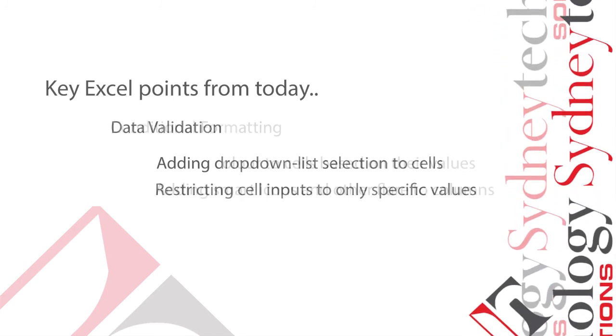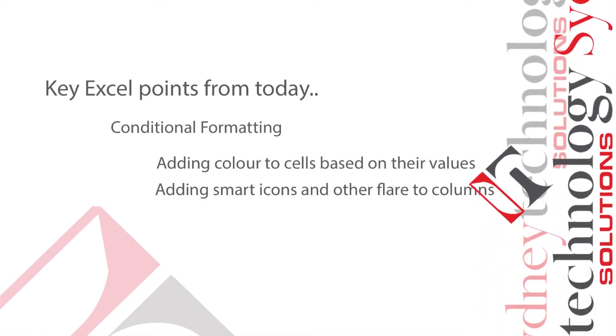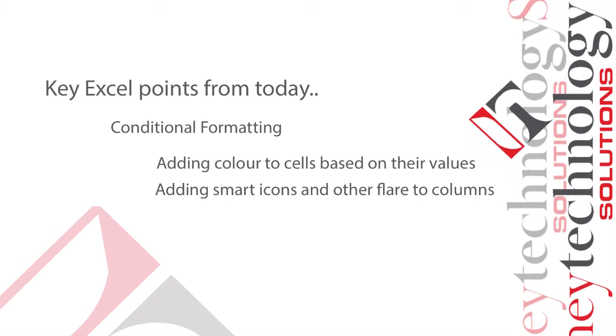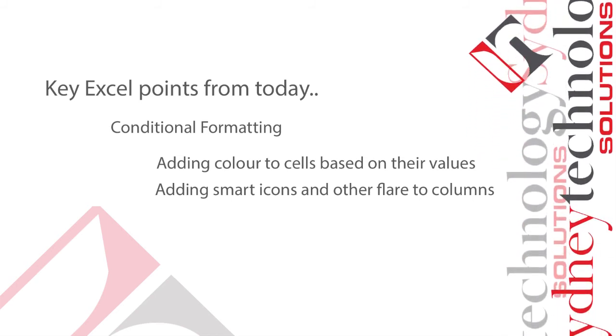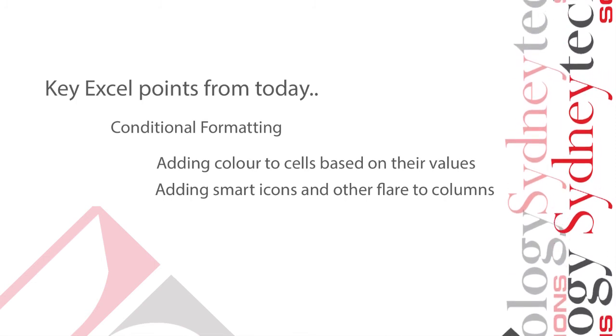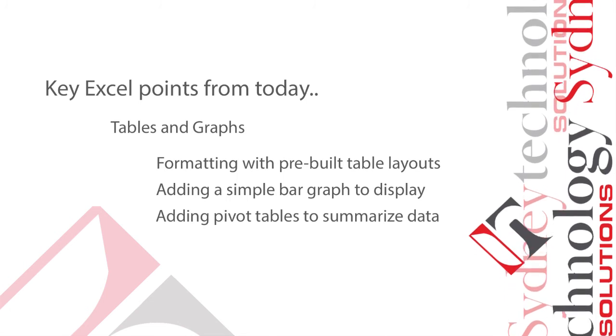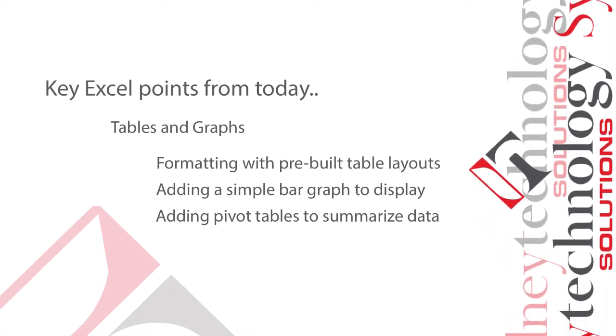After that, we moved briefly into some conditional formatting stuff. That was color coding the different cells and also adding a lot of that flair I showed you with the icon sets and the gradient bars. After we did the conditional formatting stuff, we also looked briefly at a couple of the table and graph settings.